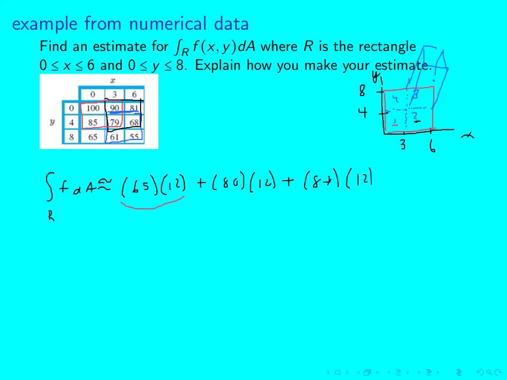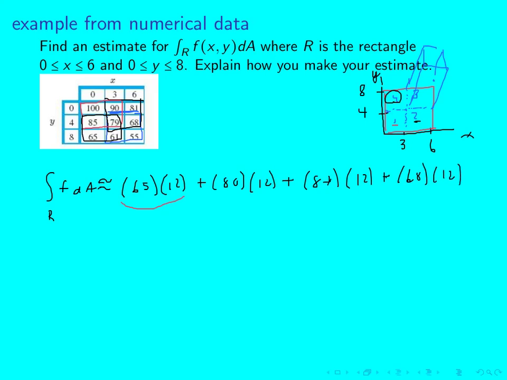And then finally, we're going to go to that last rectangular bar. Here's its base. Let's pick a number in the middle, somewhere between 65 and 80. How about 68? That looks like it's roughly in the middle. So plus 68 times the area of the base, which is still 12.